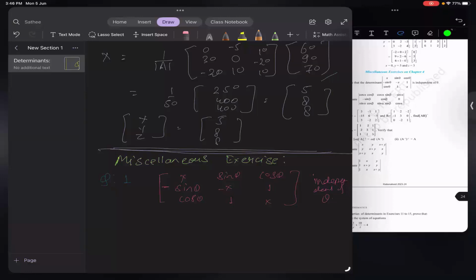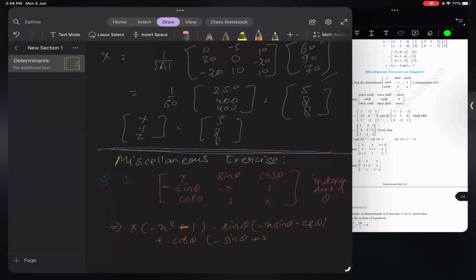So this becomes equal to x into minus x square minus 1, this is minus sine theta of minus x sine theta minus cos theta, and this is plus cos theta of minus sine theta plus x cos theta.